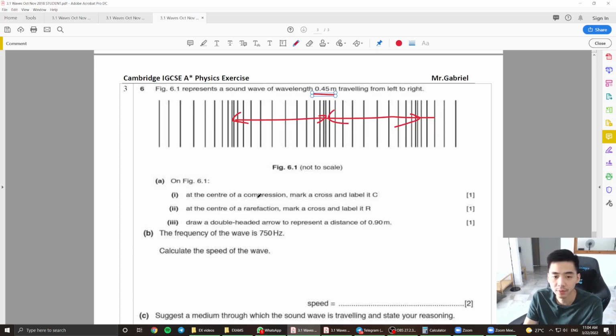At the center of a compression, mark with a cross and label it C. This is obviously the center here. At the center of a rarefaction, mark with a cross and label it R. And this is going to be your R here. Draw a double-headed arrow to represent the distance of 0.9 meters, going to be somewhere around here. From here to here is going to be 0.9 meters.